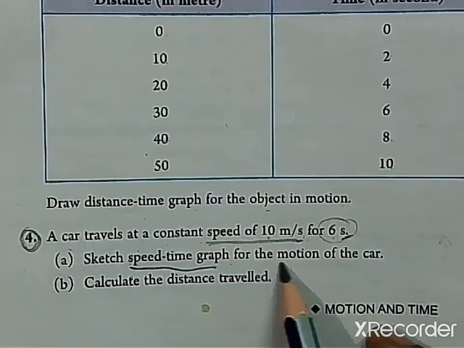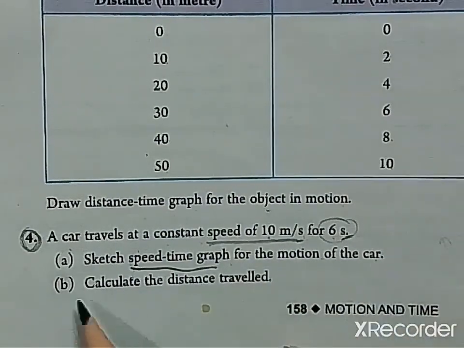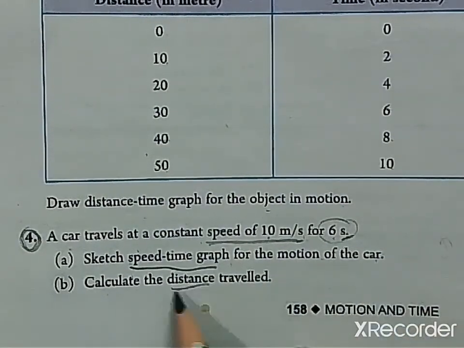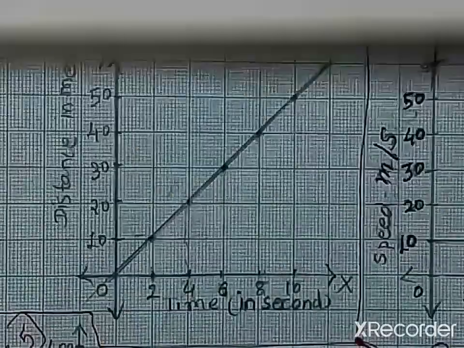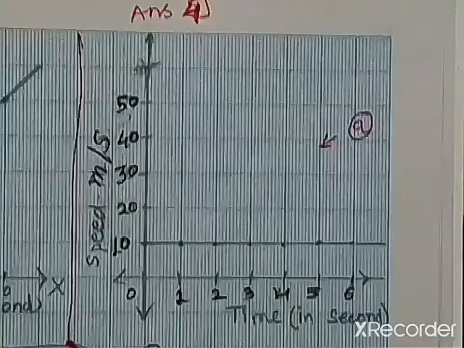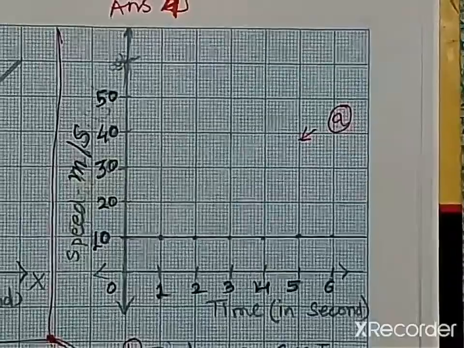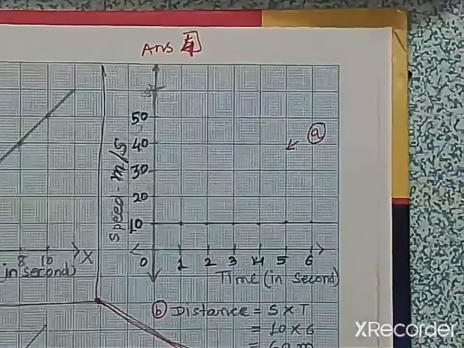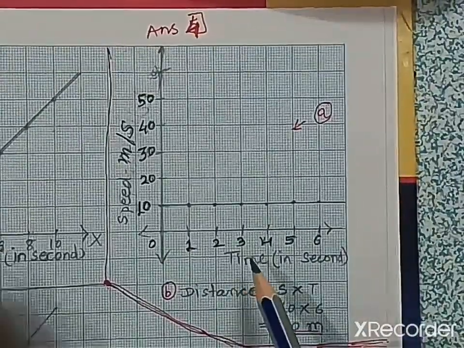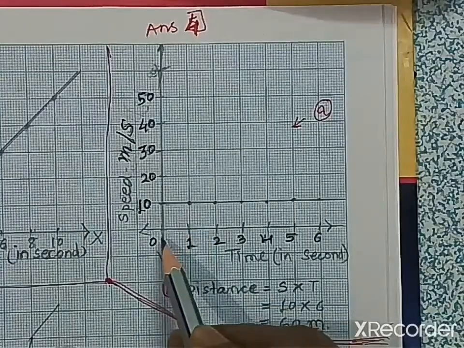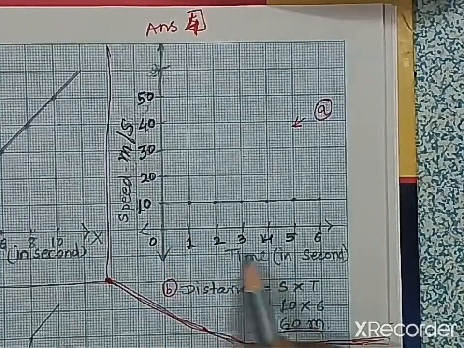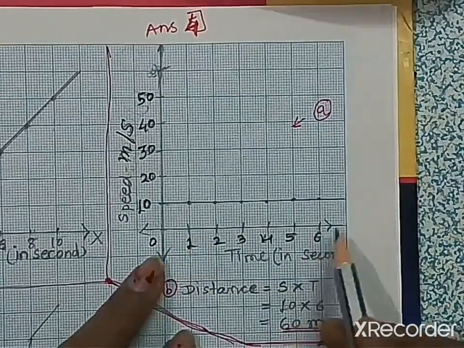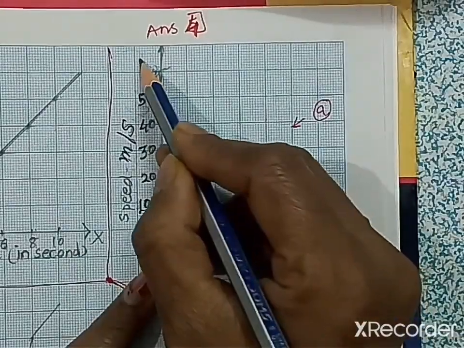Speed time graph for the motion of the car, and second we have to find out the distance traveled by the car. Okay, so let's see the graph of this example. Here you can see. So here we have plotted time on the x-axis and speed on the y-axis.